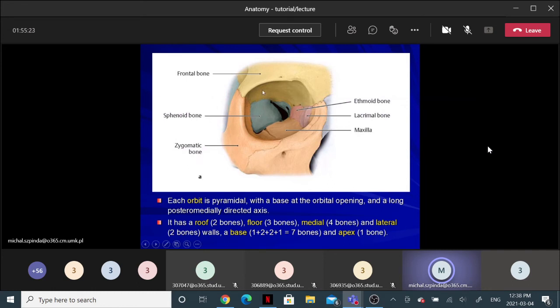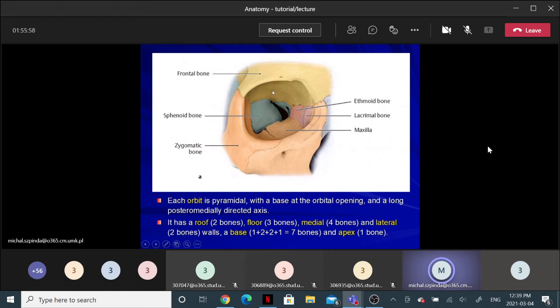The superior wall or orbital fornix slopes posteriorly, and the floor is concave. So this means that it's raised both medially and laterally. The superior wall of the orbit is composed of 2 components.